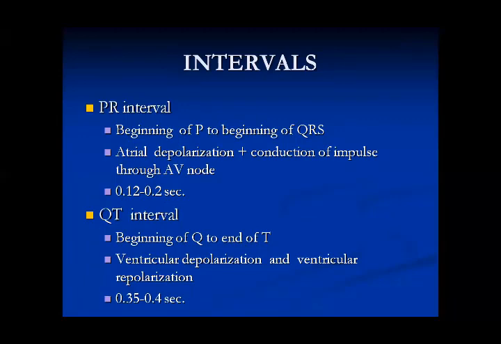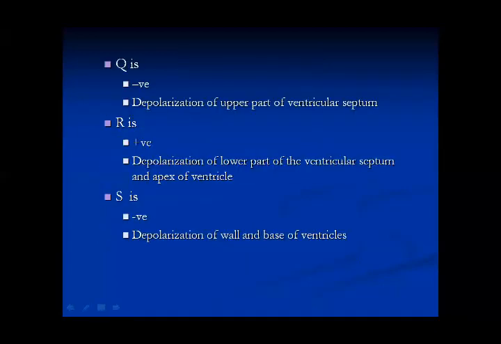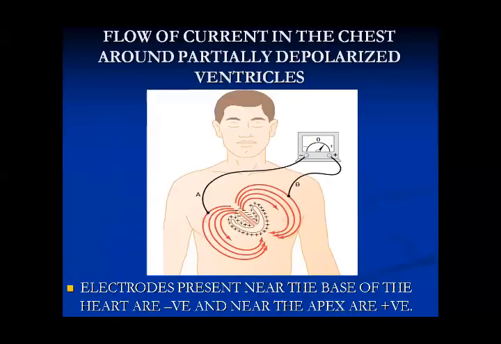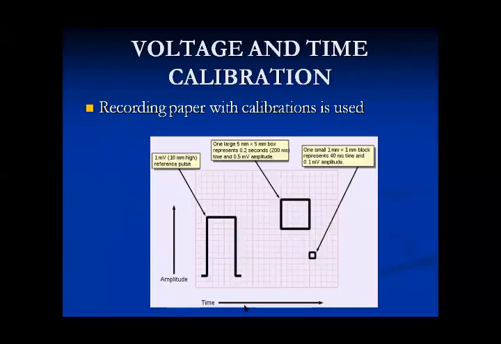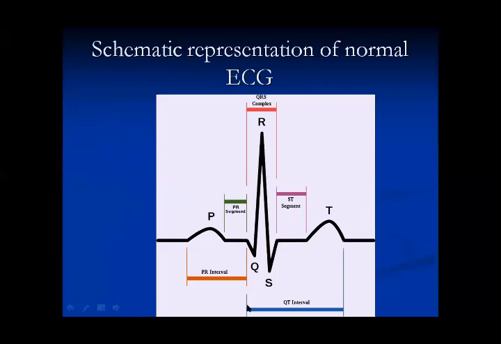Now, QT interval, beginning of Q to the end of T. It's a very long interval, 0.35 to 0.4 seconds. Over here, this one, from the beginning of Q to the end of T, right?